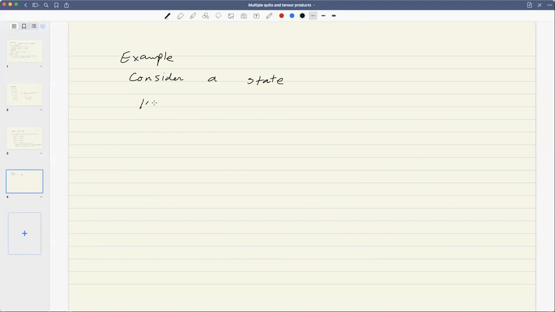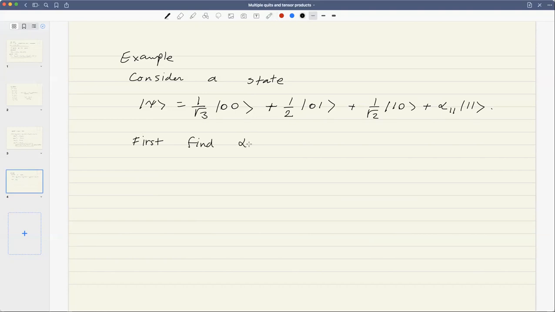Let's say we write psi to be equal to 1 over square root 3 times |0,0> plus 1/2 times |0,1> plus 1 over square root 5 times |1,0> plus some other amplitude, alpha 1, 1, times |1,1>. Okay, so first, let's find alpha 1, 1 absolute value squared if the state is normalized.